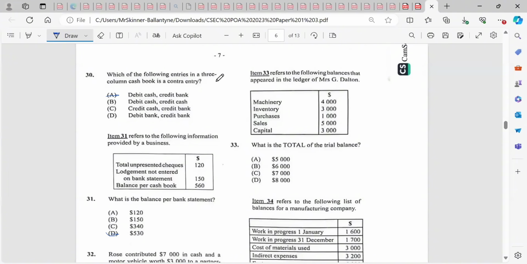Purchases will be debit, and sales credit. So our two assets, 4,000 plus 3,000, and our purchases of 1,000, that's 8,000 on the debit side, and sales and capital, 8,000 on the credit side. So the total is D, 8,000.